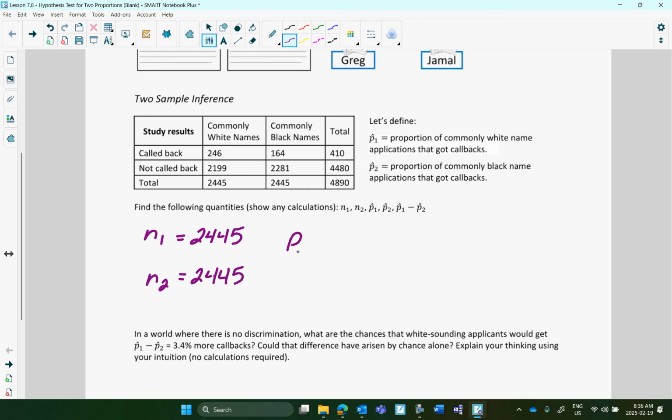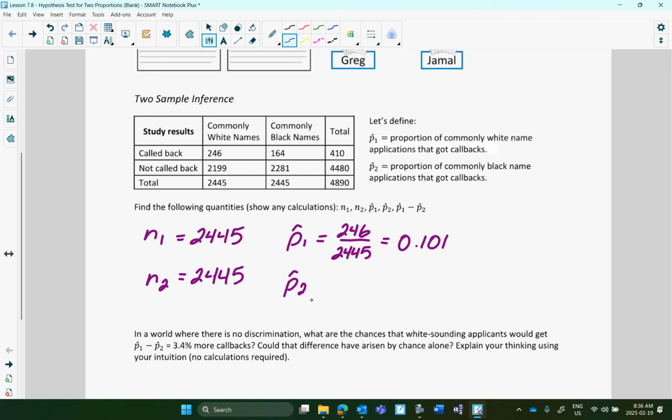The proportion of white name resumes that received callbacks, again, we did this yesterday, was 246 out of the 2,445 sent out, which gave us a proportion of 0.101 or about 10.1%.